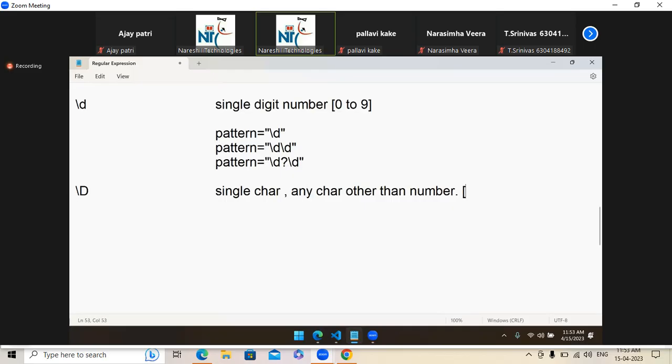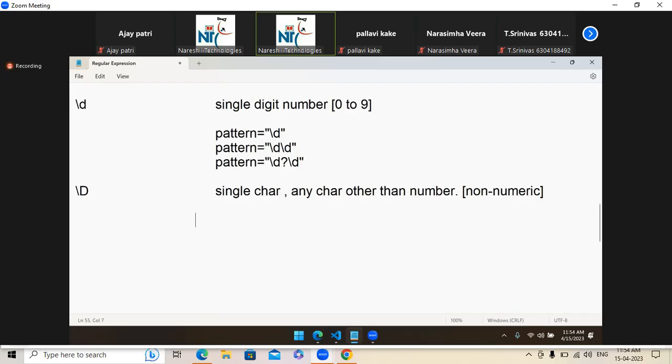We generally call it non-numeric. Anything other than a number, while \d lowercase is only number. Anything other than number means alphabets, special characters, lowercase alphabet, uppercase alphabet, but numbers not allowed, right?